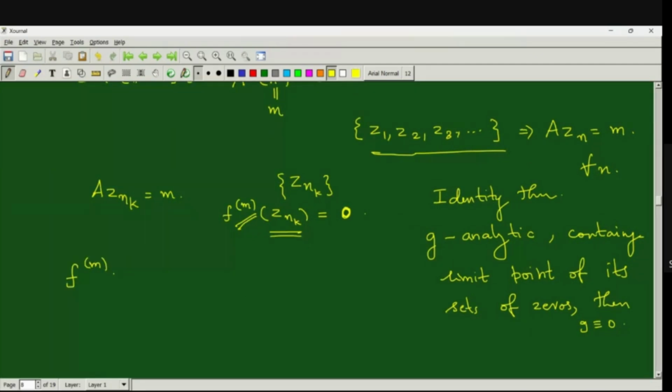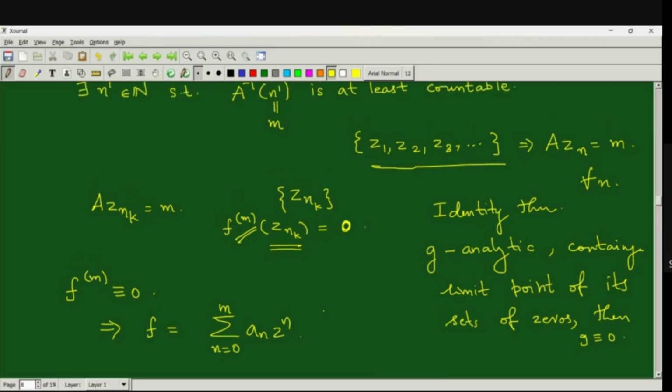f^(m) is identically 0. Now comes your argument. f^(m) is always 0 means the (m+1)-th derivative, the (m+2)-th derivative, everything is 0. So f is going to terminate at degree m. Understood? This is how f is a polynomial.